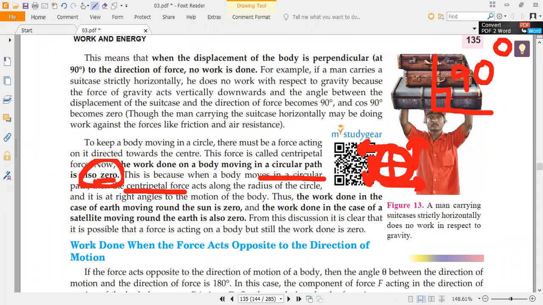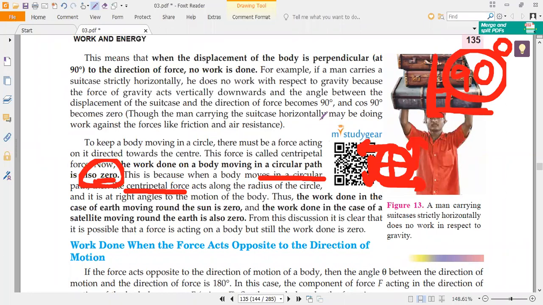Or a person is carrying a heavy load on his head. What is happening here? The angle between the applied force and the displacement, displacement is 0 here. Cos 90 is 0, so overall work done by him is what?